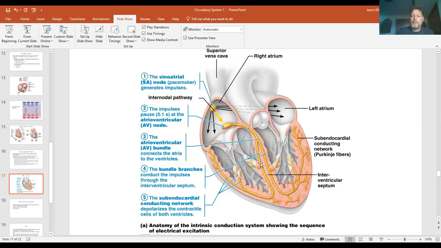And then it comes down and we have Purkinje fibers. Now this meaty portion right through here between the two ventricles is the interventricular septum, so it separates. But it'll pass down here, and this will conduct the rest of it, and that causes the rest of the heart to contract the ventricle, and that's how the heart contracts.